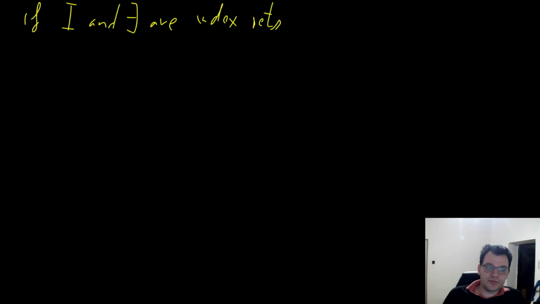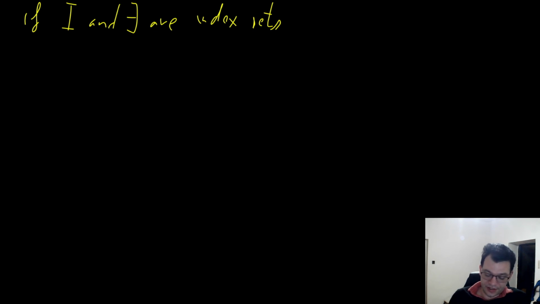So if I and J are index sets, an index set is just the intention. It means I will use the elements for indexing, but they won't be ordered in any particular way.